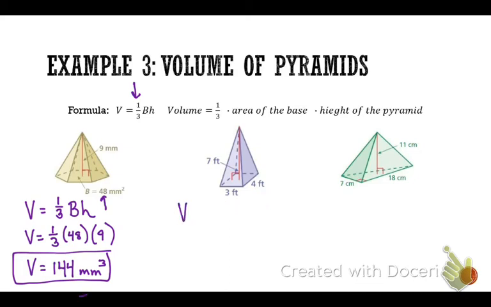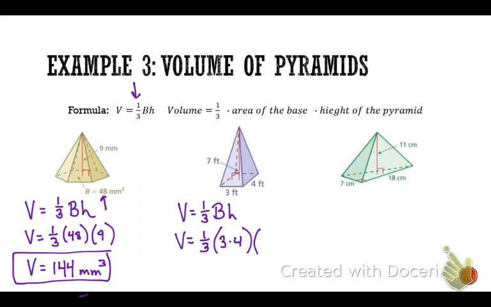So volume equals 1/3 times the area of my base times my height. So volume equals 1/3. Okay, how do I find, and I'm going to just put this in parentheses, the area of my base? Length times width. Okay, so length times width gives me the area of my base times my height.